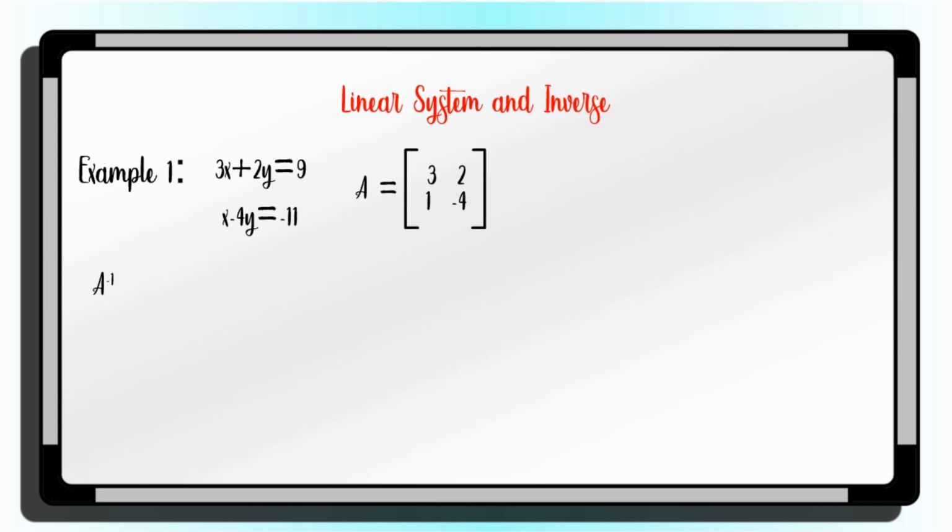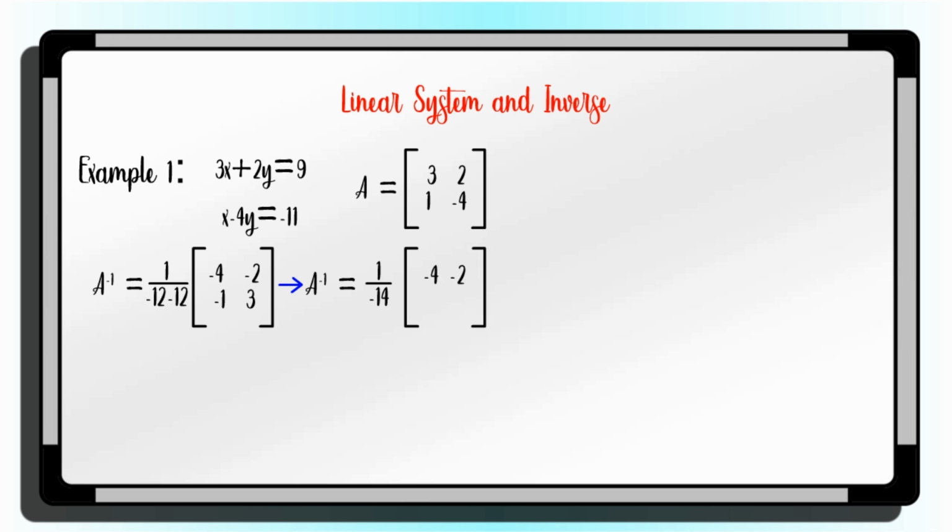A inverse is equal to 1 over AD minus BC times matrix D, negative B, negative C, A. A inverse is equal to the matrix 2 over 7, 1 over 7, 1 over 14, and negative 3 over 14.